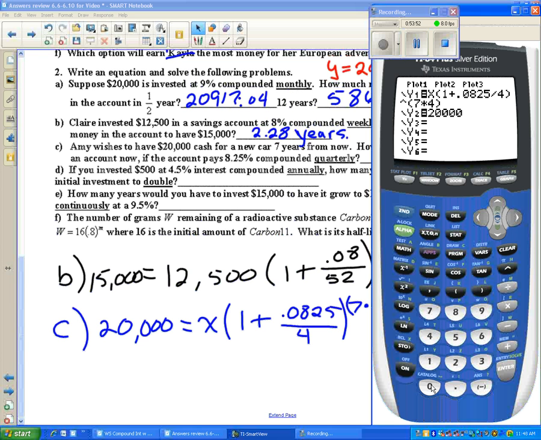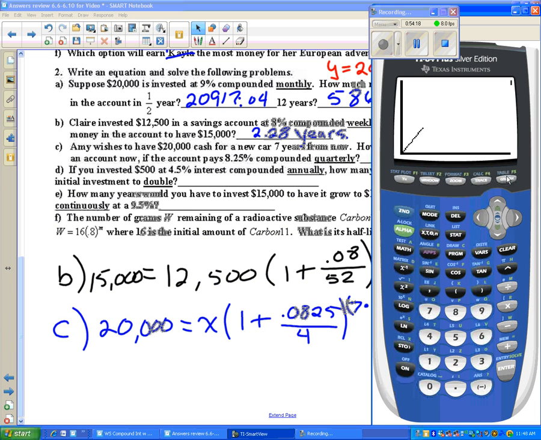Now, x that I'm looking for is going to be some sort of $5,000, $10,000, $15,000. So my x and y window need to probably be above this 20,000. So I'm going to make it 21,000. And I want to see where these two lines cross.